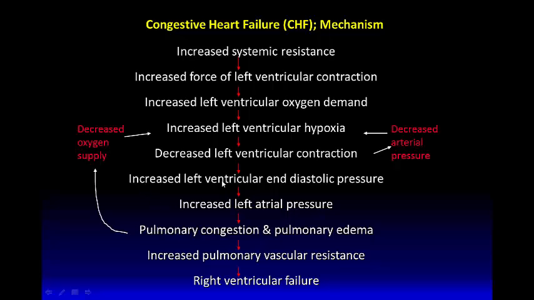And when the left ventricular end diastolic pressure is elevated, the pressure in the left atrium is also elevated, and the pressure in the pulmonary veins is also elevated, resulting in pulmonary congestion and possibly pulmonary edema. Pulmonary congestion decreases oxygen supply to the left ventricle further, so this aggravates left ventricular hypoxia.